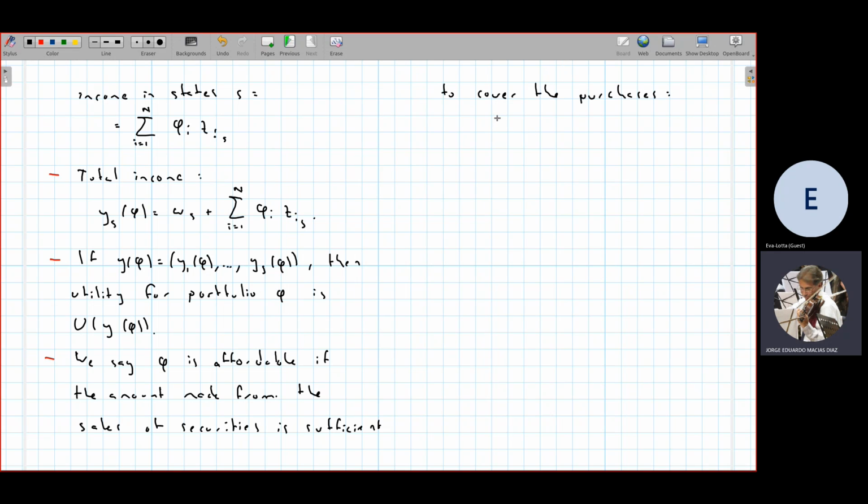And this condition will be translated into the following: P times phi is less than or equal to 0.